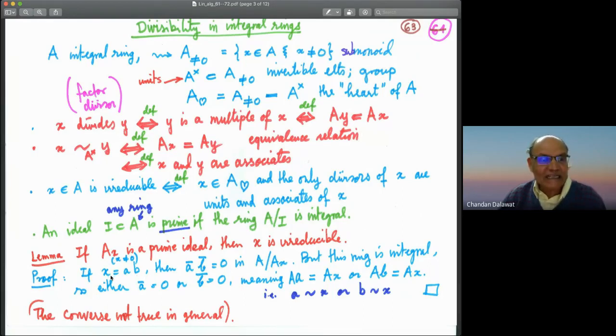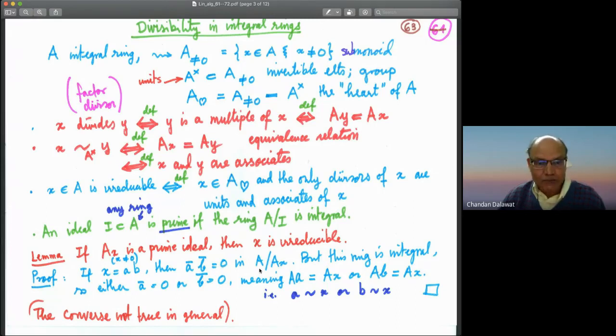So assume that x has a factorization a times b, and the images of a and b in A modulo Ax are a bar, b bar. So if x is equal to ab, then x is, of course, 0 in the quotient. So a bar b bar is going to be 0.